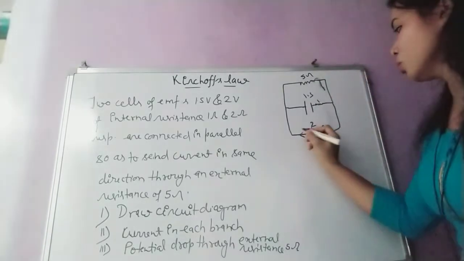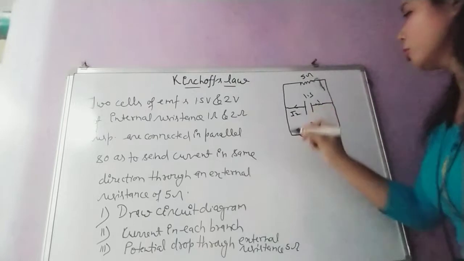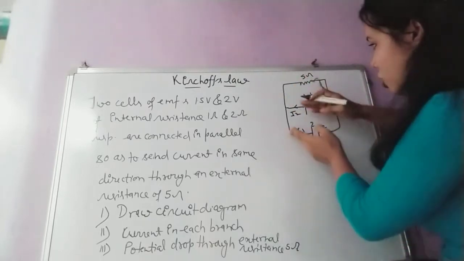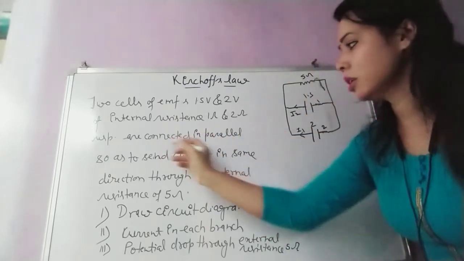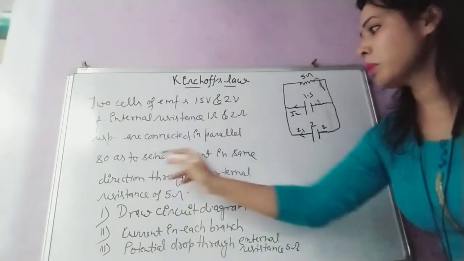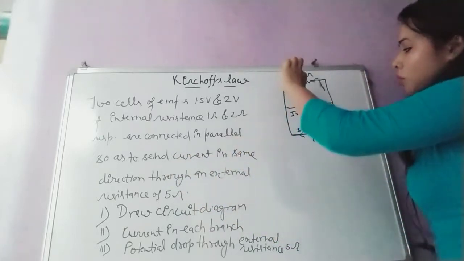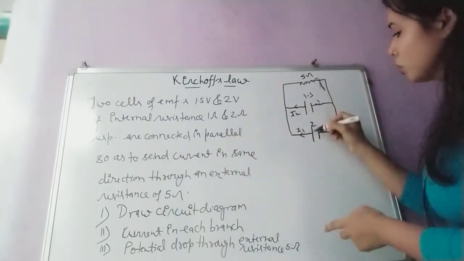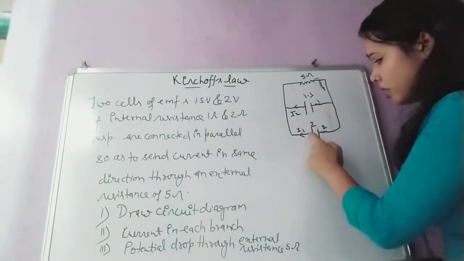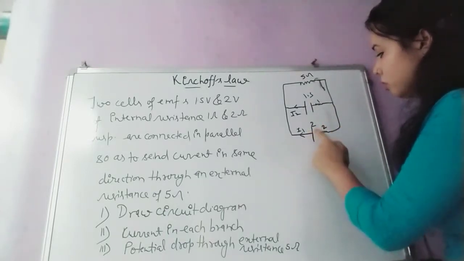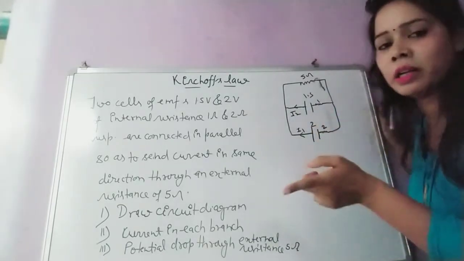Suppose the current through this is I1 and the current through this is I2, so that their direction is the same. If I change this polarity, if this one is negative and this one is positive, then the direction of current will be in this direction, because current always moves from positive to negative terminal.